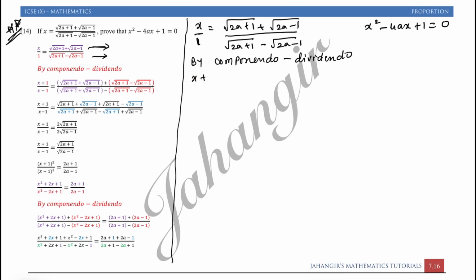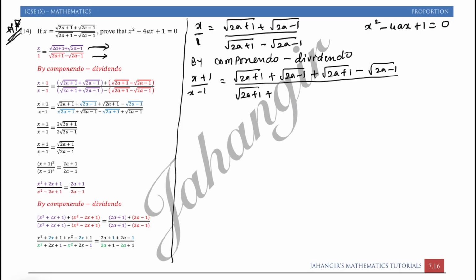So x plus 1 upon x minus 1 is equal to root of 2a plus 1 plus root of 2a minus 1 plus root of 2a plus 1 minus root of 2a minus 1, whole upon root of 2a plus 1 plus root of 2a minus 1. Here I will write minus. When you write minus, take care that you are changing the sign for the other term.